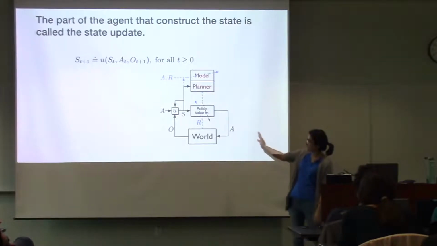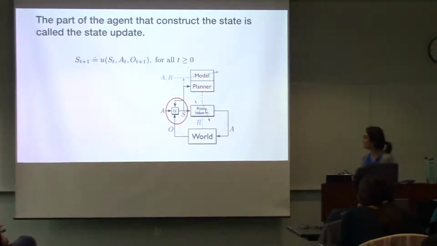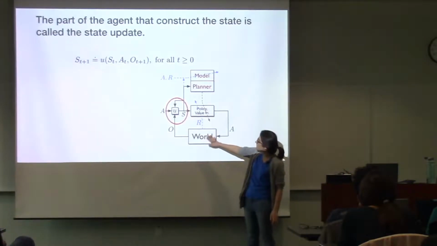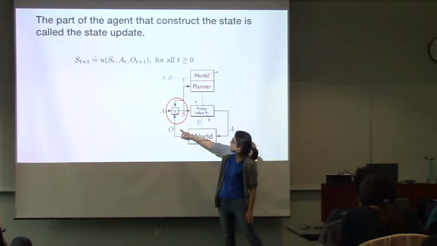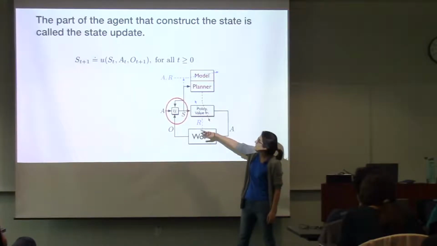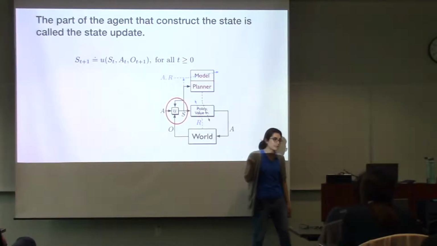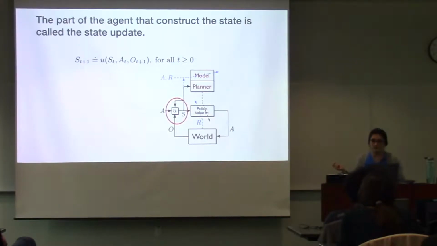So the agent is responsible for constructing the state. Here, the environment only provides observations, and this box with U in it is the state update function, which, given state, action, and observations, provides the next state.